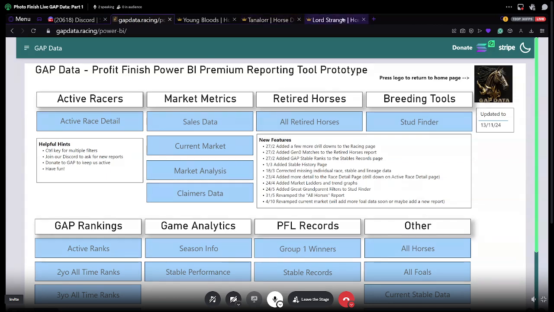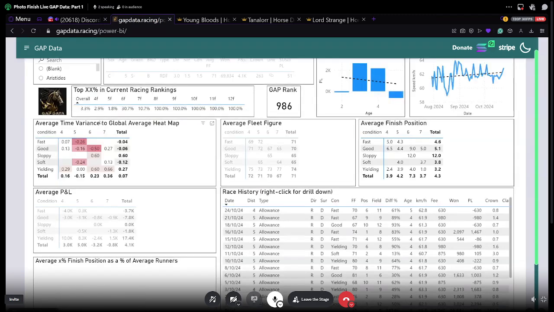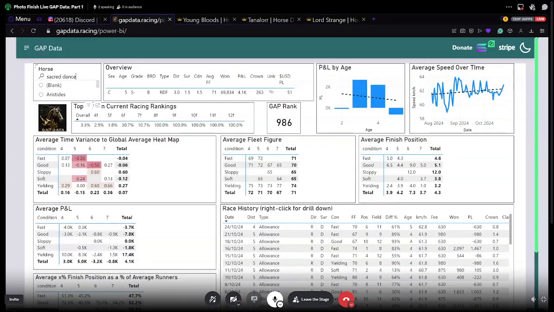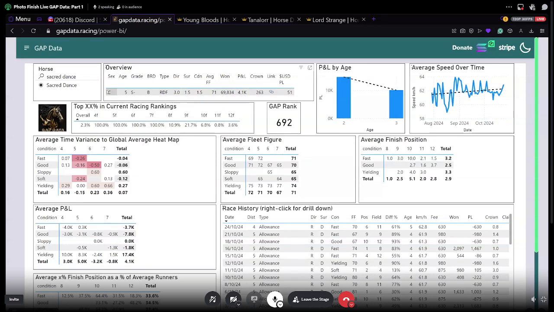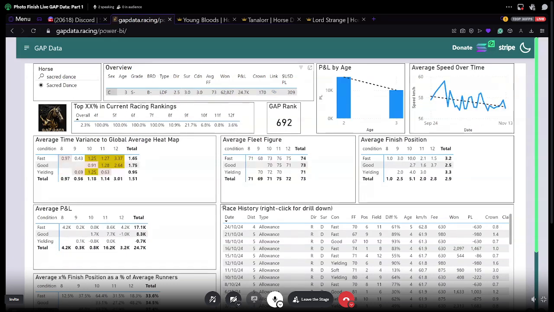So if there was a horse in claimers, like Sacred Dance, and you have 2 minutes before the claiming window is closing, and you wonder, should I put a claim in? Right away you just come up here and go, oh, Sacred Dance, he's only 3, and he's made 24K. Okay, done. I'm gonna put a claim in on it.